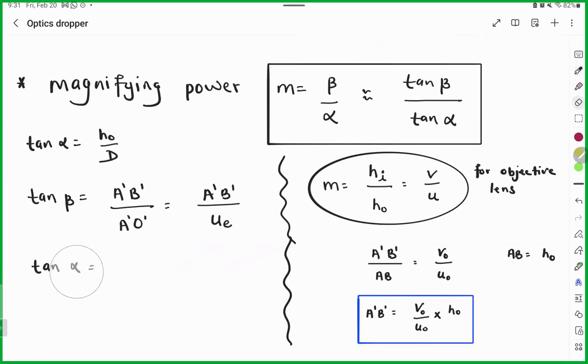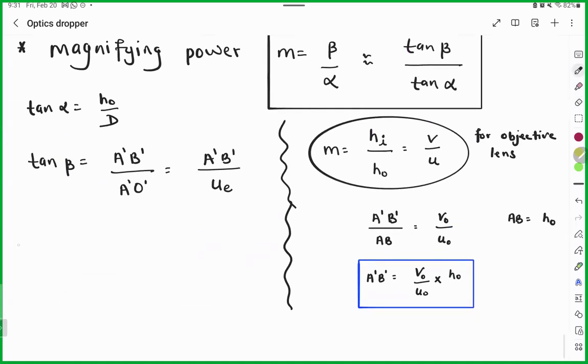So you don't need to write here and directly move to the magnification part, because we know magnification is tan beta by tan alpha. What is tan beta value? A dash B dash, and instead of A dash B dash, you can write V naught by U naught into H naught divided by UE. Got it?